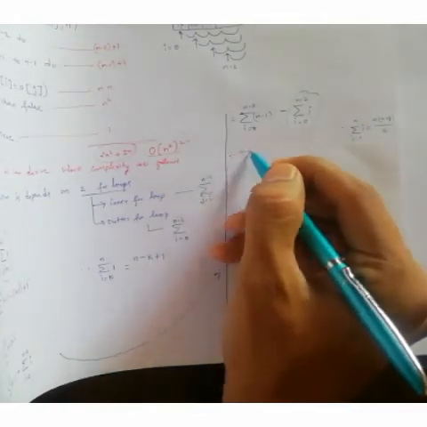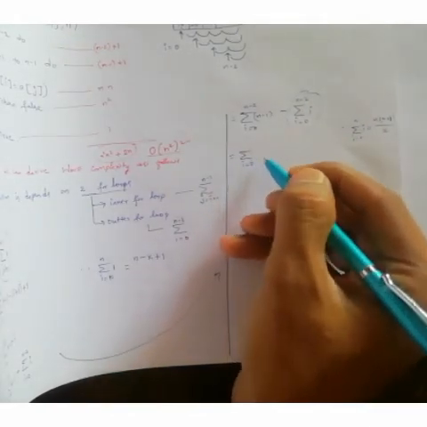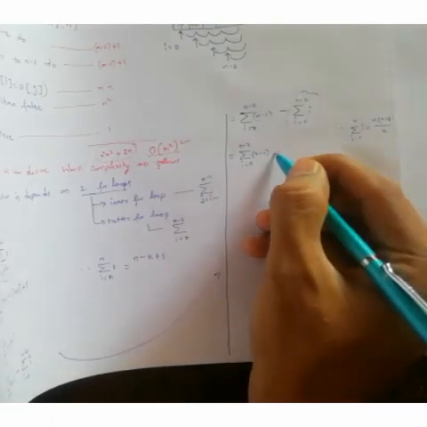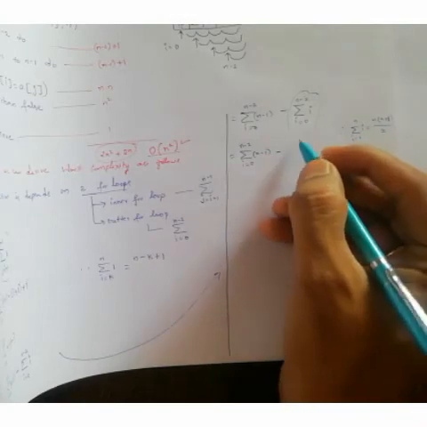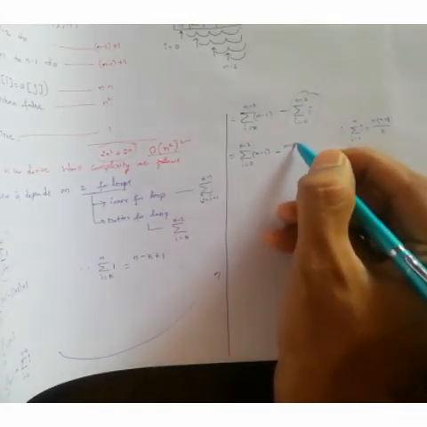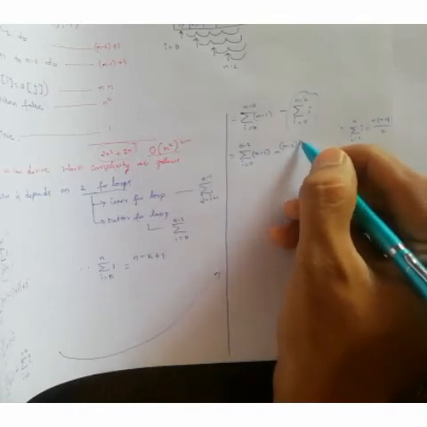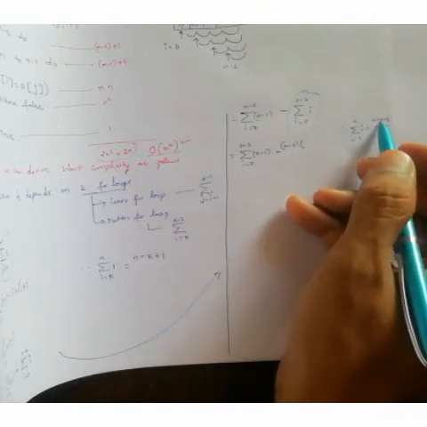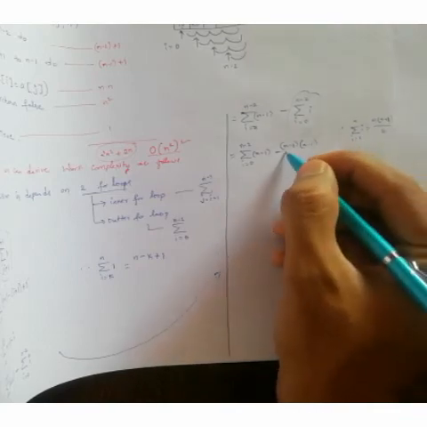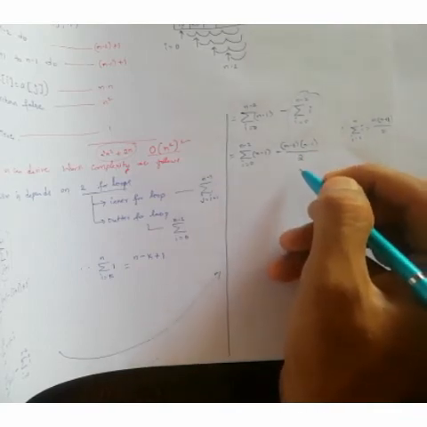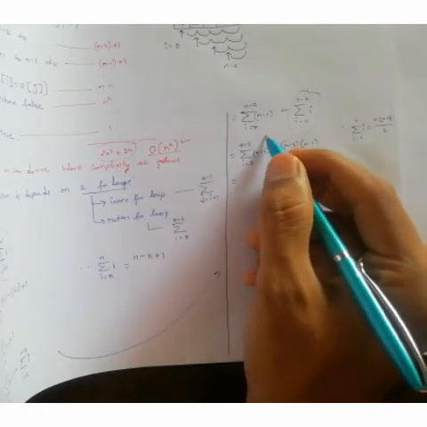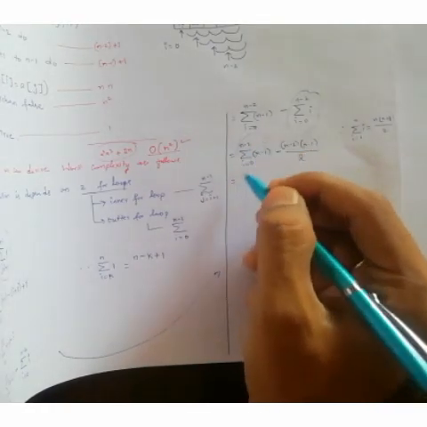Now what will it become? Summation I is equals to 0 to n minus 2, n minus 1 minus, so n means n minus 2, into n minus 2 plus 1, that is n minus 1, divided by 2. Yes, I can write.